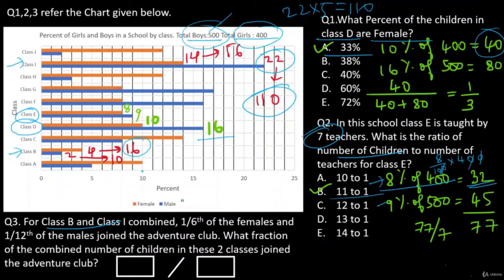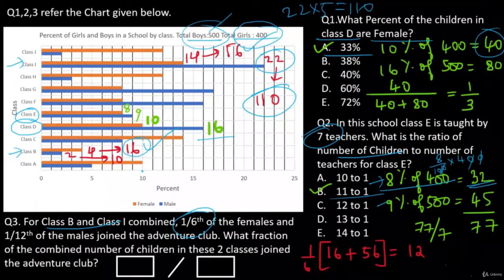Alright, now it's given that 1/6 of the females joined the adventure club. So what's the total number of females? That's 16 plus 56. So 1/6 of 16 plus 56, that's equal to 12. So 12 girls joined the adventure club, and then you have 10 boys and 110 boys over here.